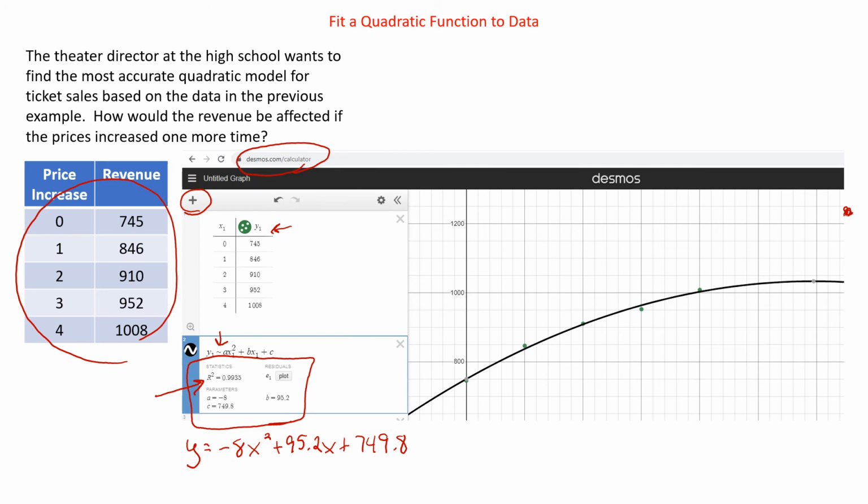And then over here, it says residuals. And then E1, that would be error 1. And then there's a little thing that says plot. If you click that little plot, it'll calculate all those residuals for you and put them in the table right next to the y1 values. So you have all those residuals.